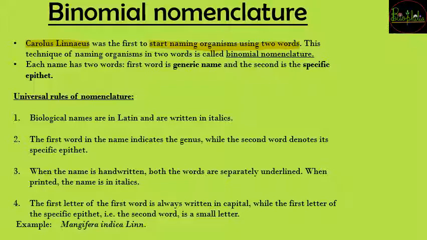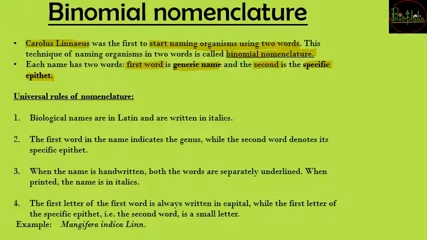Now let's understand what this technique is. So the technique of giving a two-word name is called binomial nomenclature. So as we know, Carolus started giving two-word names. So the first word was called the generic name and the second word was called the specific epithet.